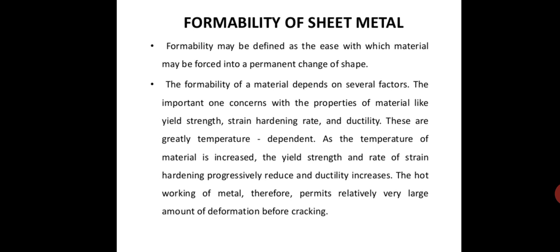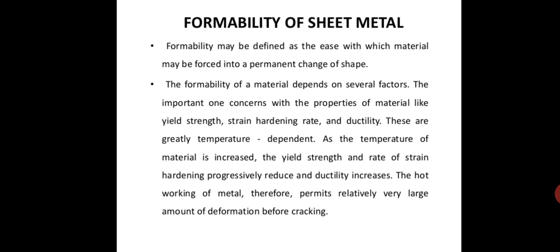The important factors of formability are yield strength, strain hardening rate, and ductility. These are all temperature dependent. As the temperature increases, the yield strength and strain rate are progressively reduced and ductility increases. The hard working of the metal before permits a relatively very large amount of deformation before cracking.